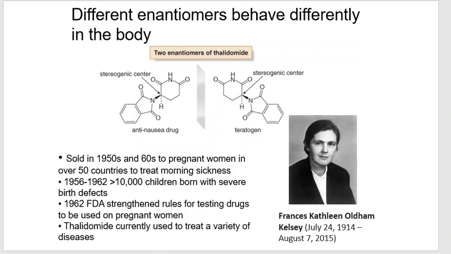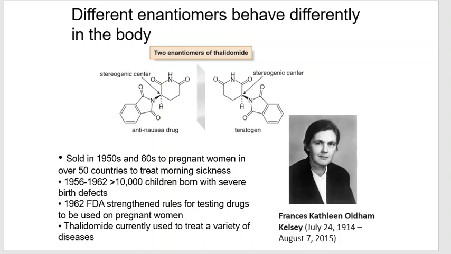As far as pharmaceuticals go, enantiomers of pharmaceuticals will behave very differently. I encourage you after this to go to the Wikipedia page, which is linked on the page for this lesson. Here's an example. Thalidomide was sold in the 1950s and 60s in Europe.